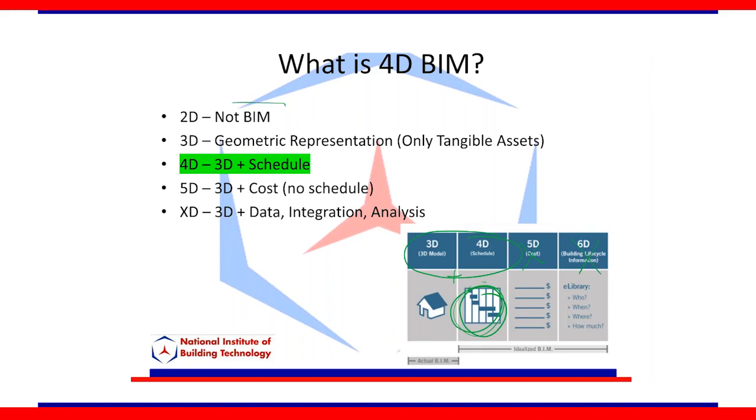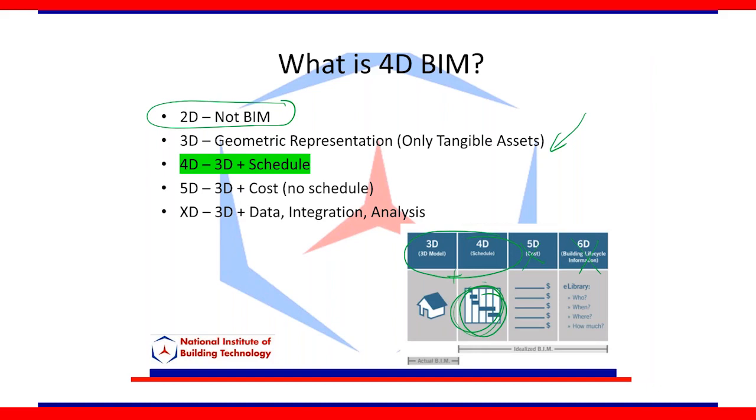And remember, we always expect 2D is not BIM. There is no concept of 2D BIM, and a lot of times even 3D, when it comes to using vector-based software or, what do you call this, parametric-based modeling, non-parametric models are also not BIM.